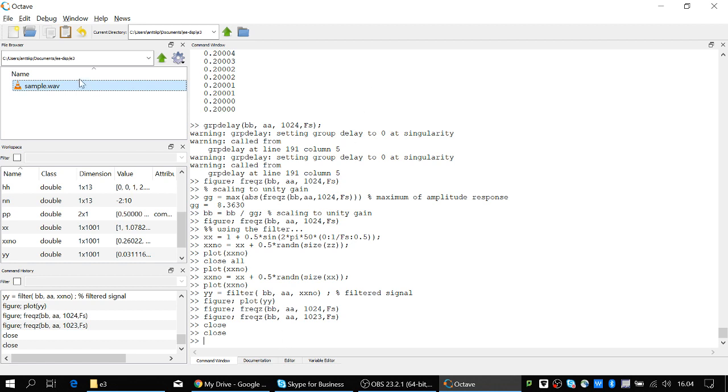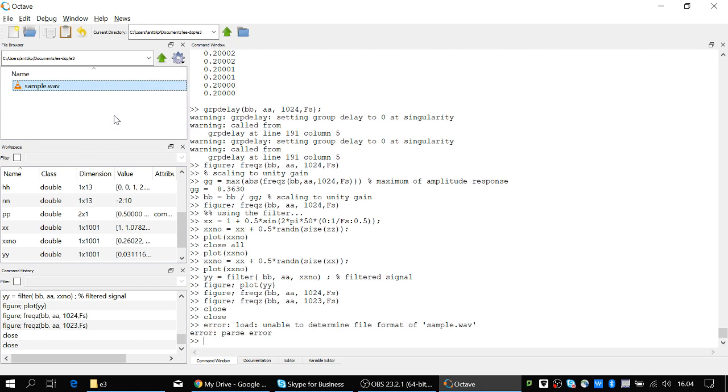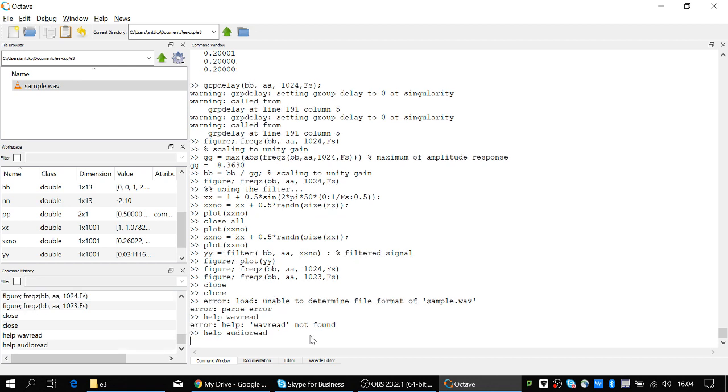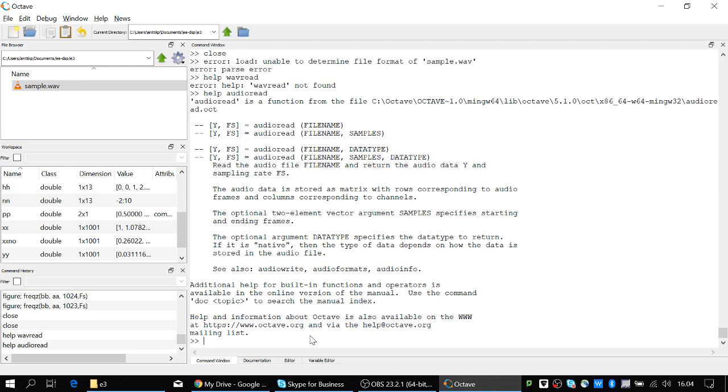I can load the data. Let's see. That's strange. Help wave read. No, help audio read. There we go.